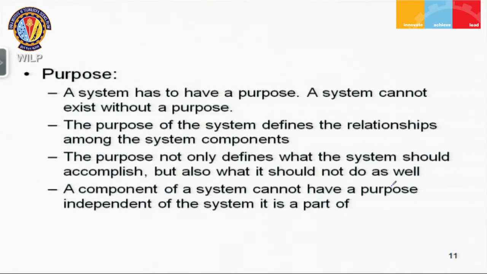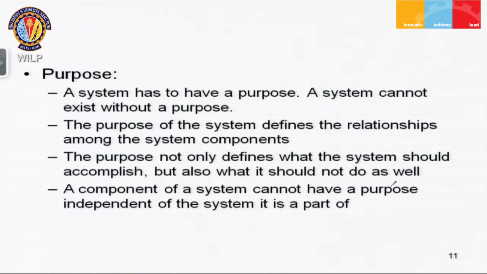Okay, the interaction has to lead to the achievement of this purpose or objective, and therefore the system purpose is essential for the sake of defining the system or the component relationships or the component interactions. The purpose not only defines what it is that the system should accomplish, but also what it should not do.